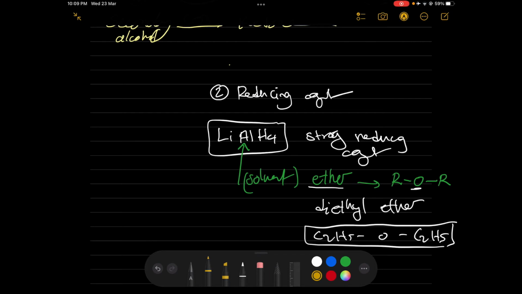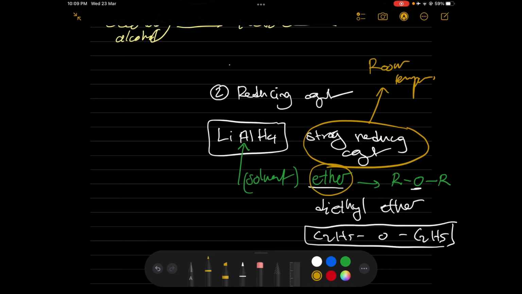In addition to that, because this is a very strong reducing agent, we can do the reaction at room temperature. There is no need to heat, it's strong enough. And keep in mind, we don't add water at all because water is reactive, and that's why we use ether instead. So we mentioned that we have 2 reducing agents.